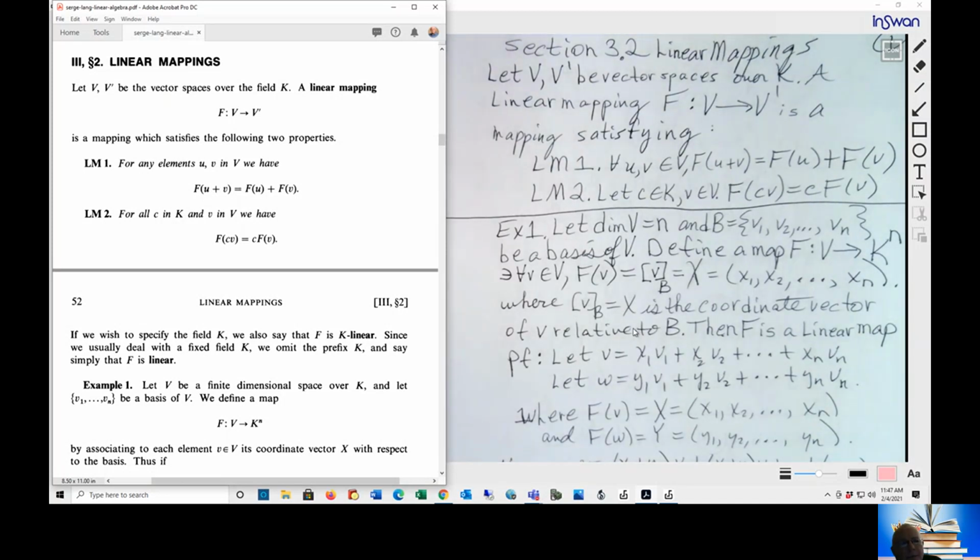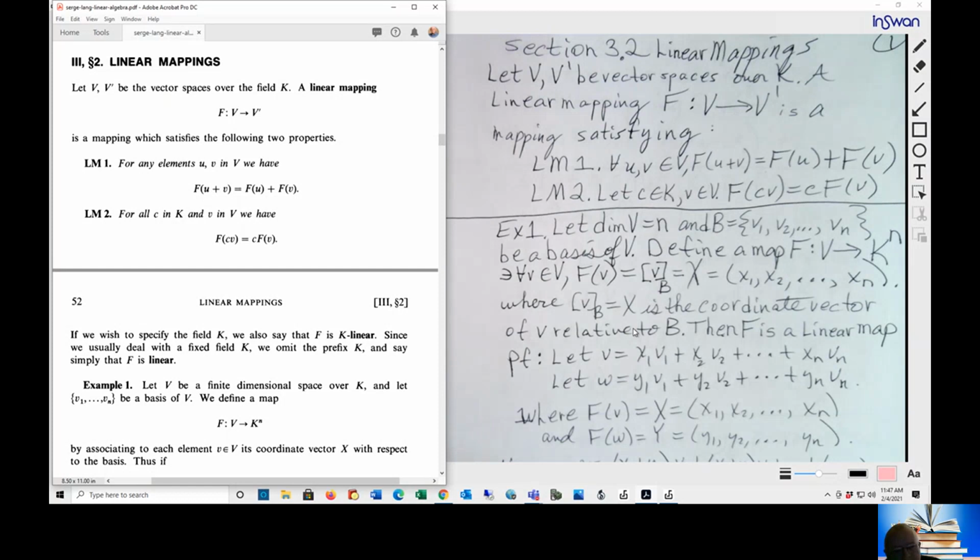Let V and V prime be two vector spaces over scalar field K. A linear mapping F from V into V prime is a mapping that satisfies two properties. First one, LM1, for any two vectors u and v, we have F of u plus v equal F of u plus F of v.